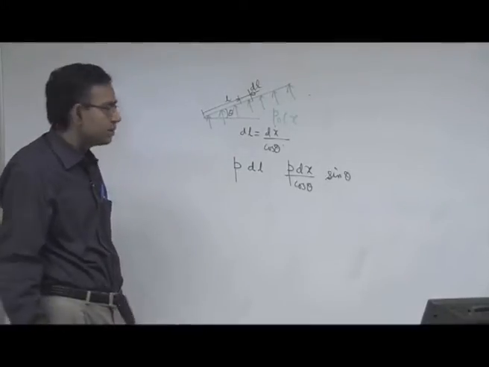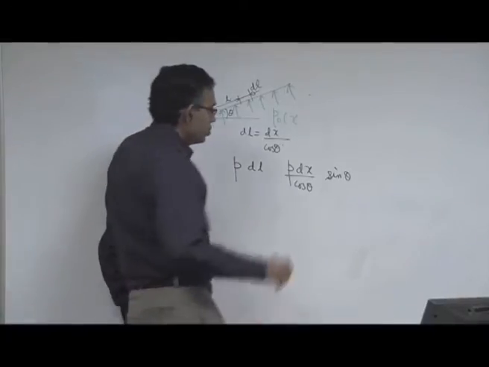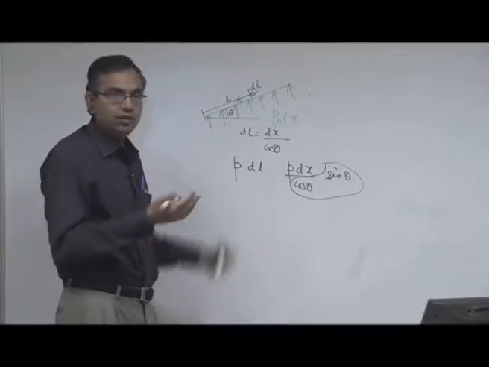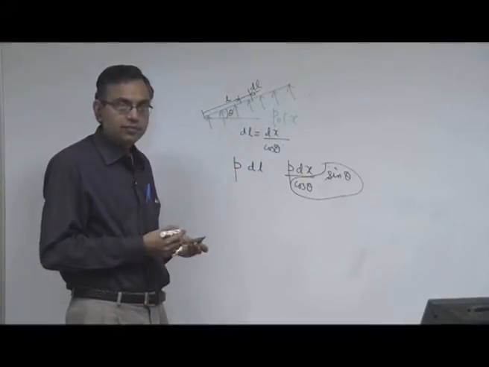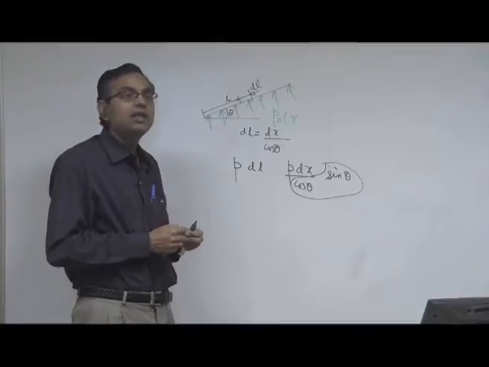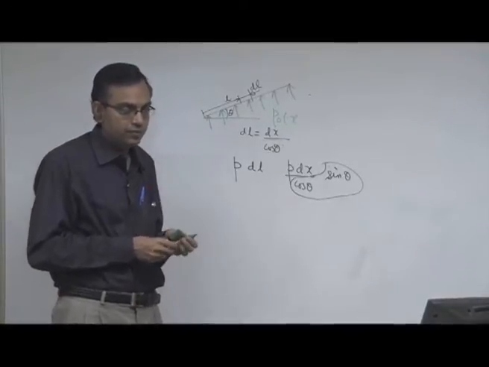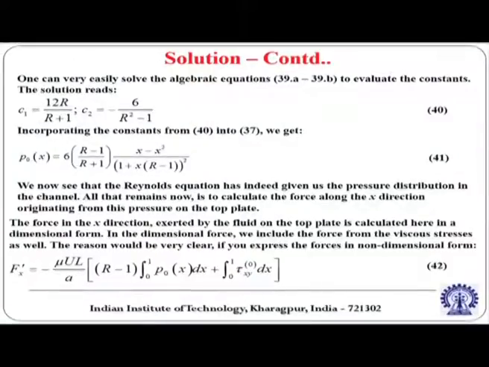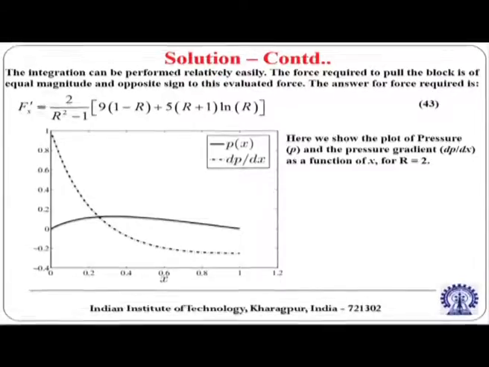So, this is tan theta, and tan theta is B minus A by L. So, you can express it in terms of R, capital R. So, with this mechanism, basically you have to calculate integral P dx with an adjustment parameter which is R minus 1. You look into this slide, that is what it gives, equation 42.